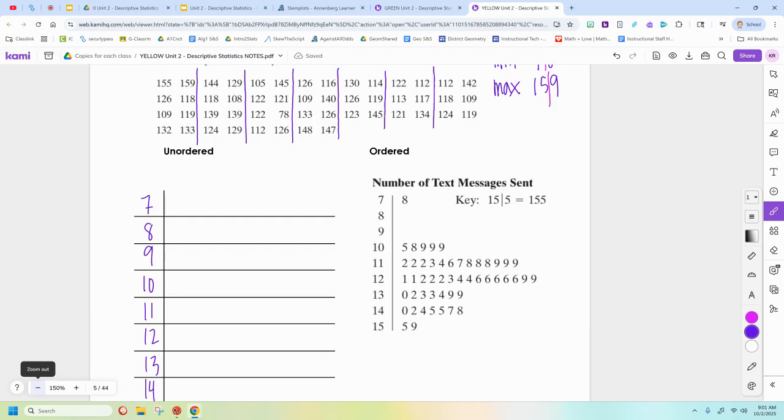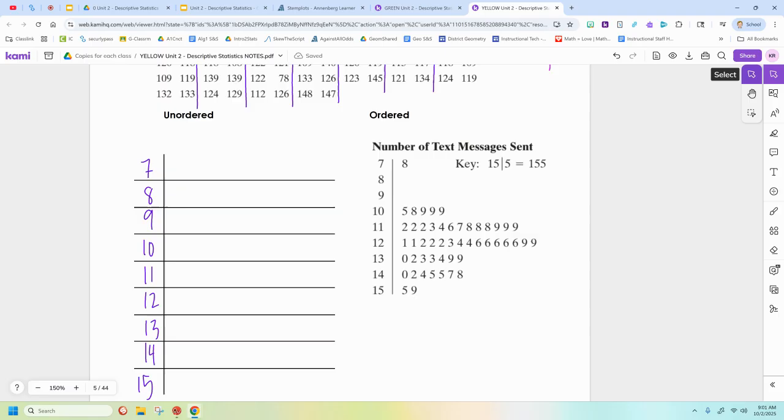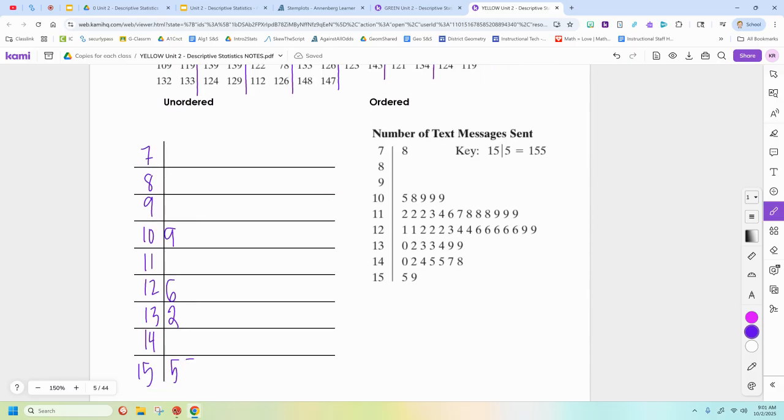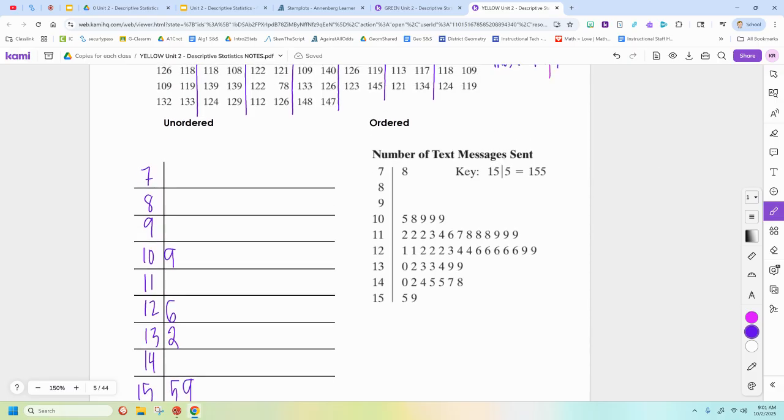Reading down my first column, I have 155, 126, 109, and 132. And then doing my second column, I have 59, 18, 19, and 33.